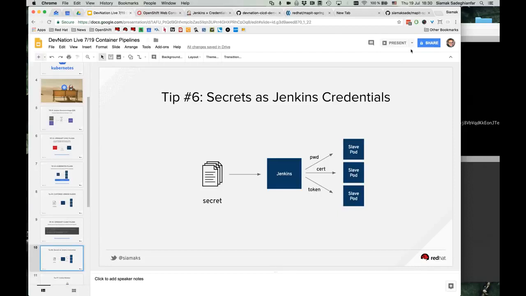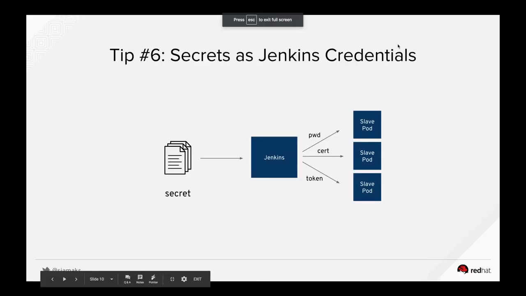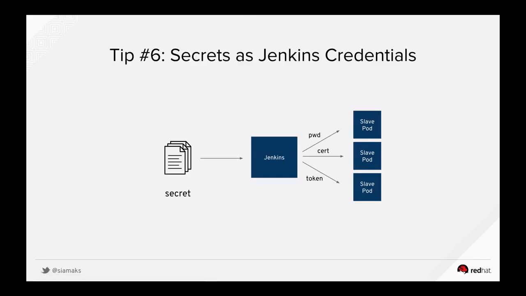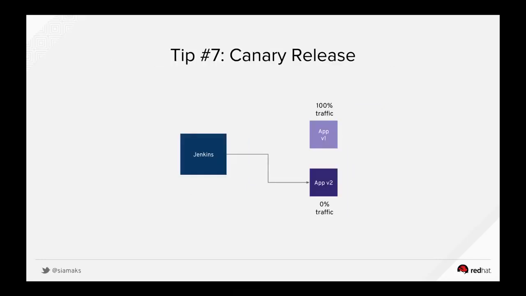So that's the next tip, to use secrets in Kubernetes for building credentials in Jenkins, and have them saved as code and be able to replicate them across various environments. And the last tip I want to share with you today is canary releases. A canary release is a way to do zero downtime deployment on top of Kubernetes.